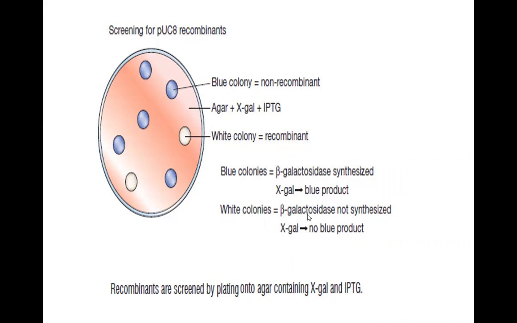When beta-galactosidase is not produced, then the X-gal will not be converted into blue product. So that's how we are able to differentiate the recombinants from the non-recombinants.